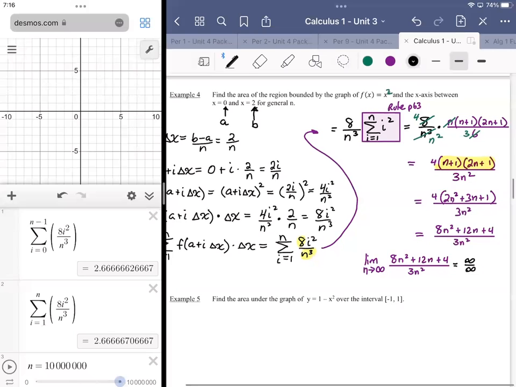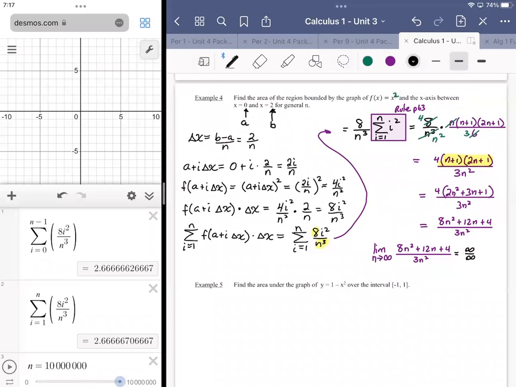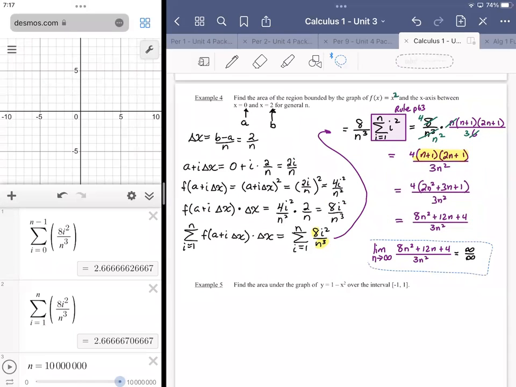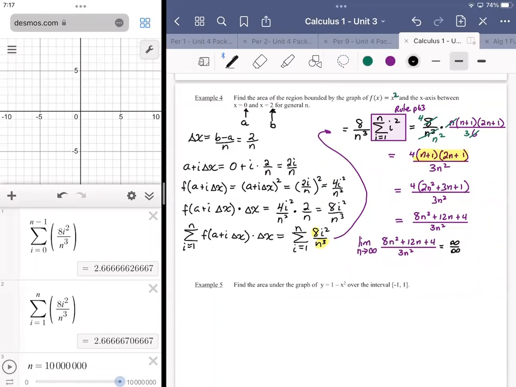That's an indeterminate form, right? Which means L'Hopital's rule applies. Indeterminate. L'Hopital's rule applies.